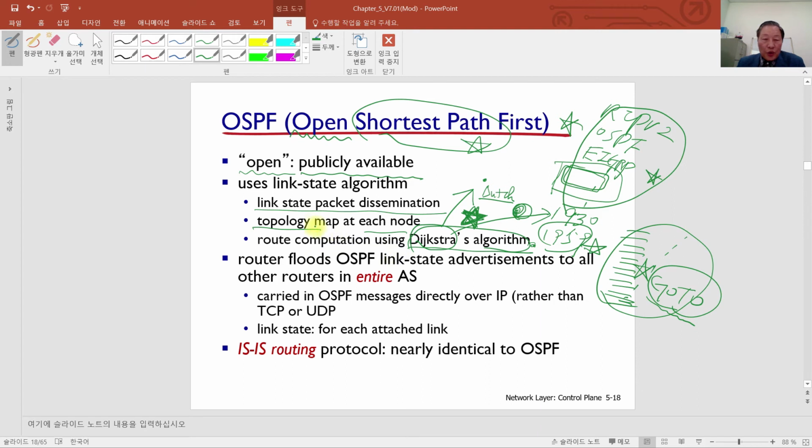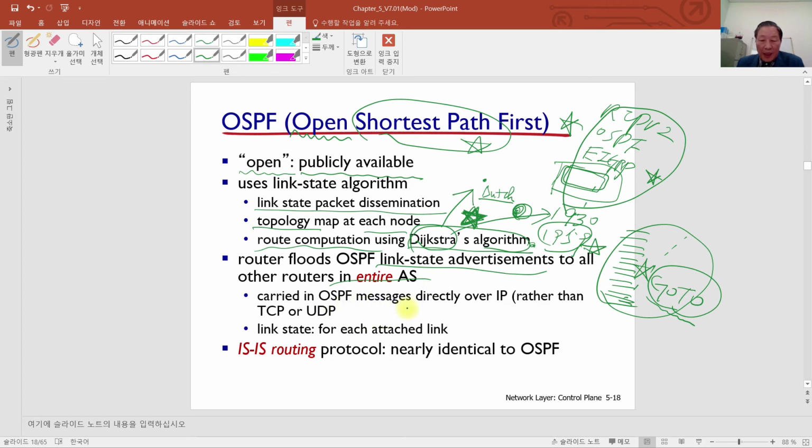This is being used for link state packet dissemination and also this computation. A router uploads OSPF link state advertisements to all other routers in the entire autonomous system.